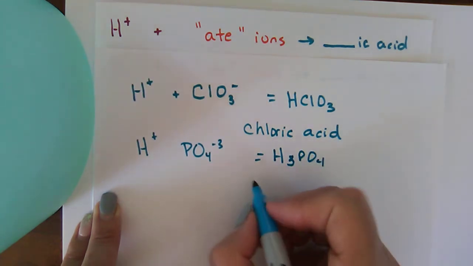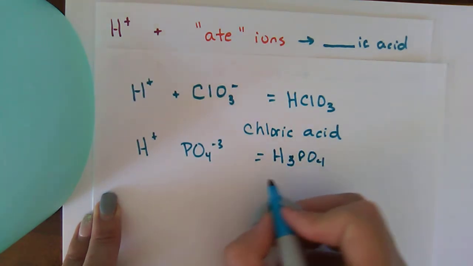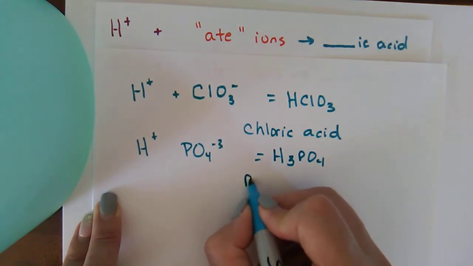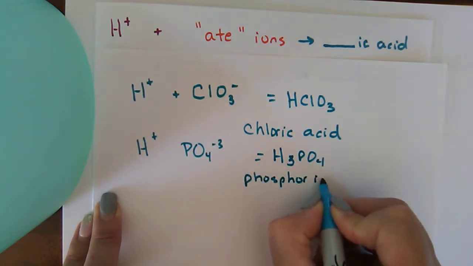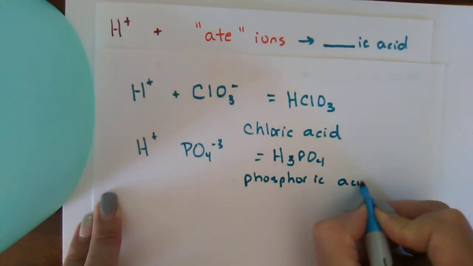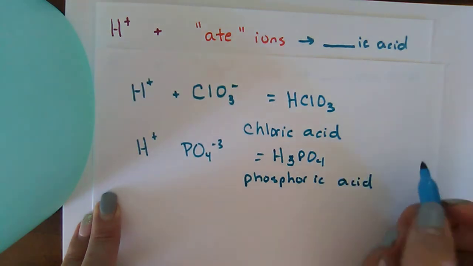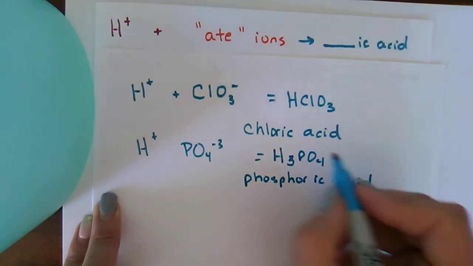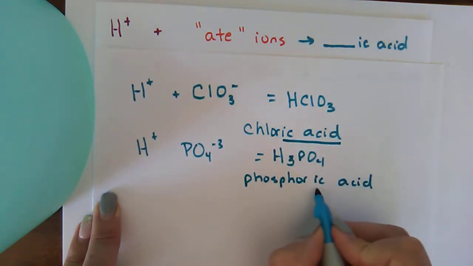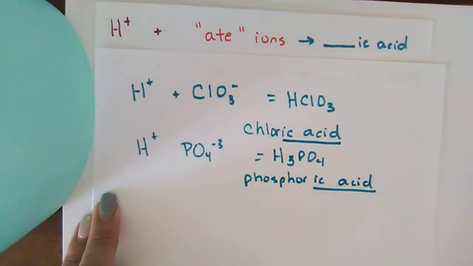Hydrogen phosphate would become phosphoric acid based on the phosphorus ion. So anytime our ion ends in ate, what we end up forming is an ic acid for its common name.